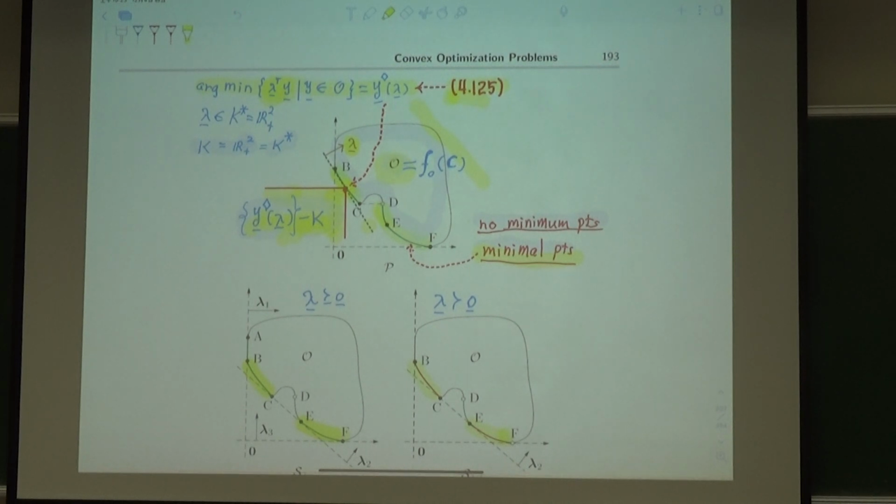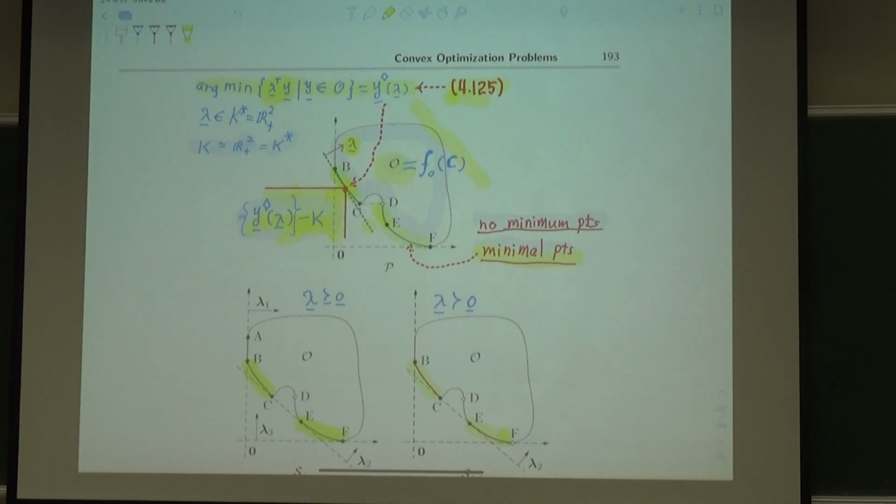So now for this set, how do you find all the minimal points? And can you tell these minimal points where they are?